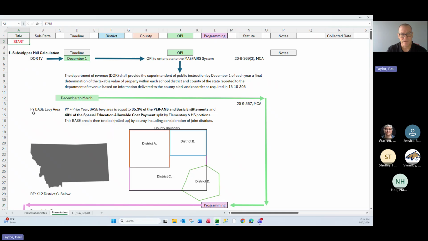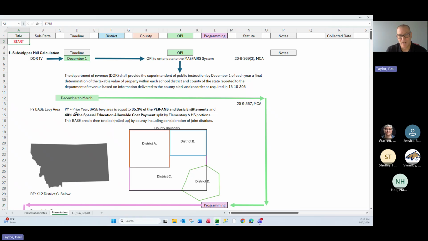We need to figure out the prior year base levy area to determine what portion of a district's base budget is normally paid for through levies, especially if there was no such thing as guaranteed tax base aid at a district level. And to do that, we use this formula.